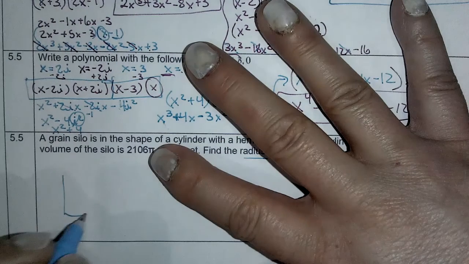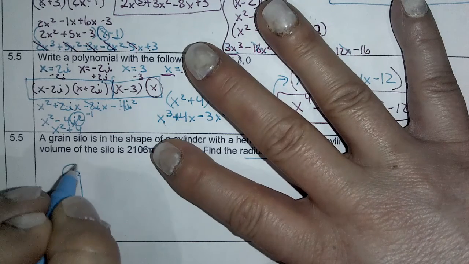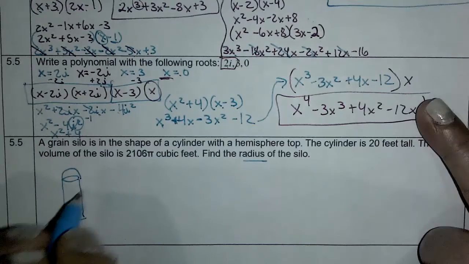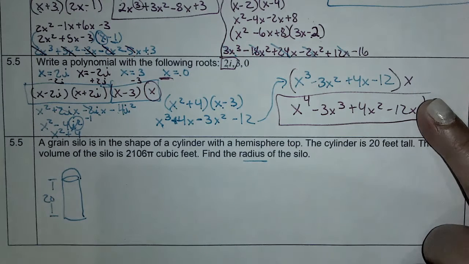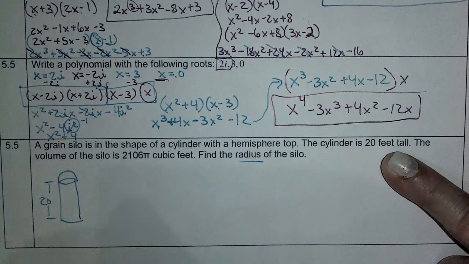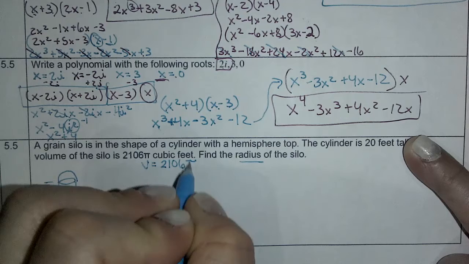So the first thing I'm going to do here is draw a little picture of my grain silo. Okay, so it looks like that, and then it's got a top on it. So we know that the height of the cylinder is 20 feet tall because it tells us. We know that our total volume is 2106 pi.